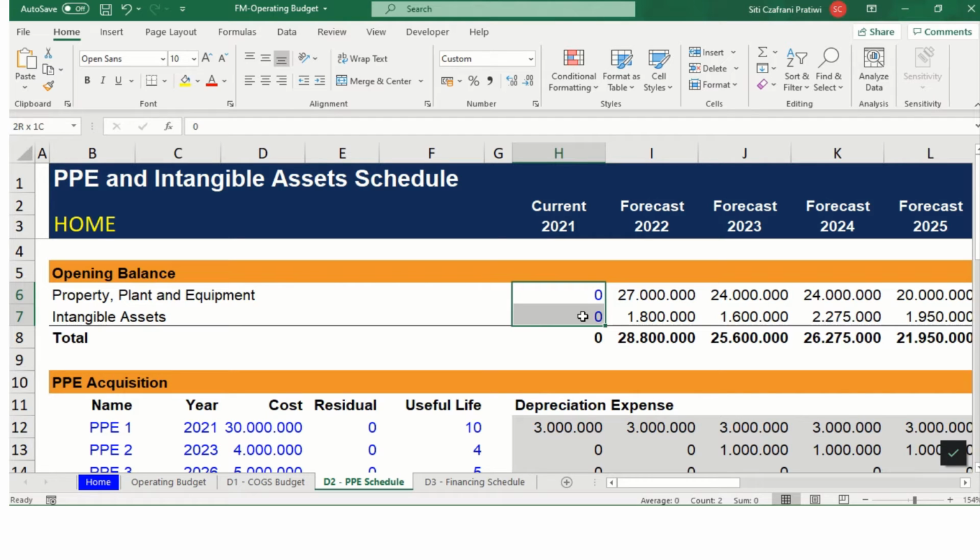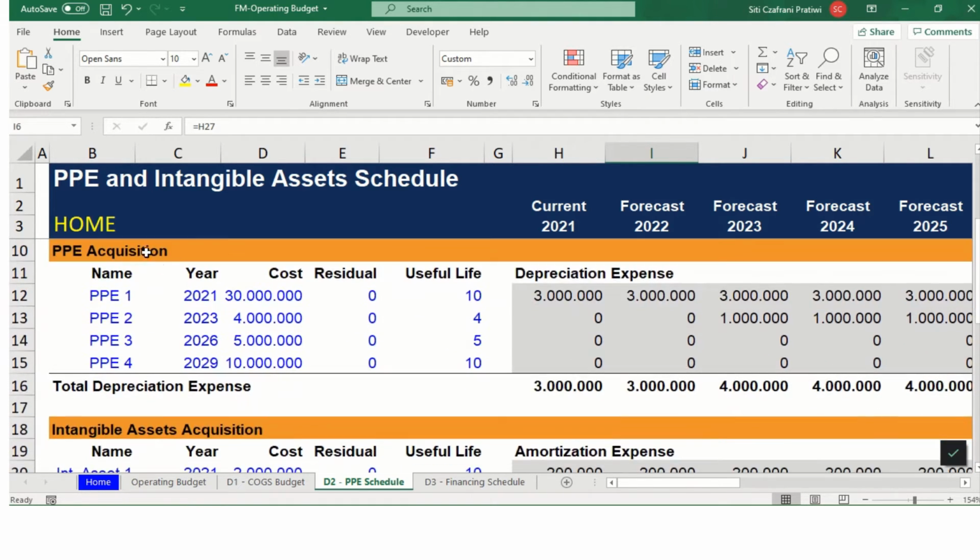And do not forget, since we input this manually, the font color should be blue. Meanwhile, for the next forecasted year, we will get the opening balance from the closing balance of the previous year. That's why we are going to come back to this after we compute the closing balance.